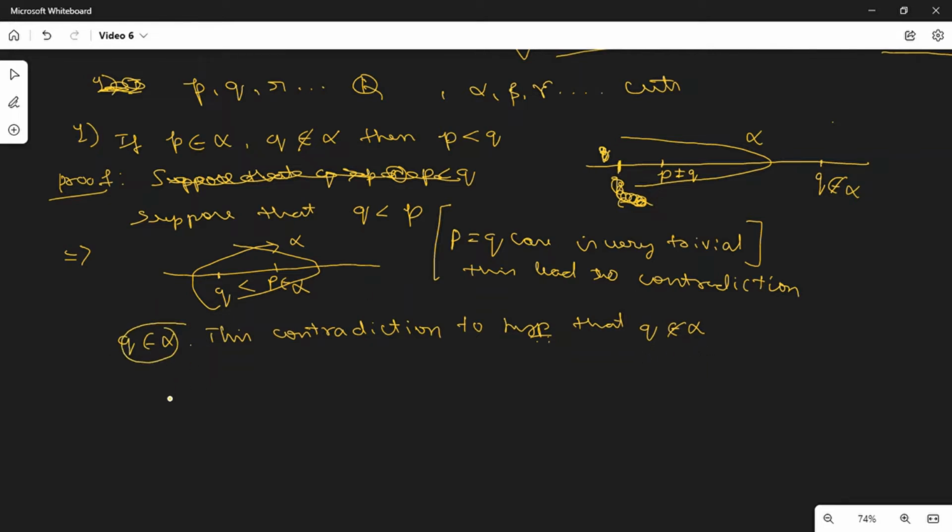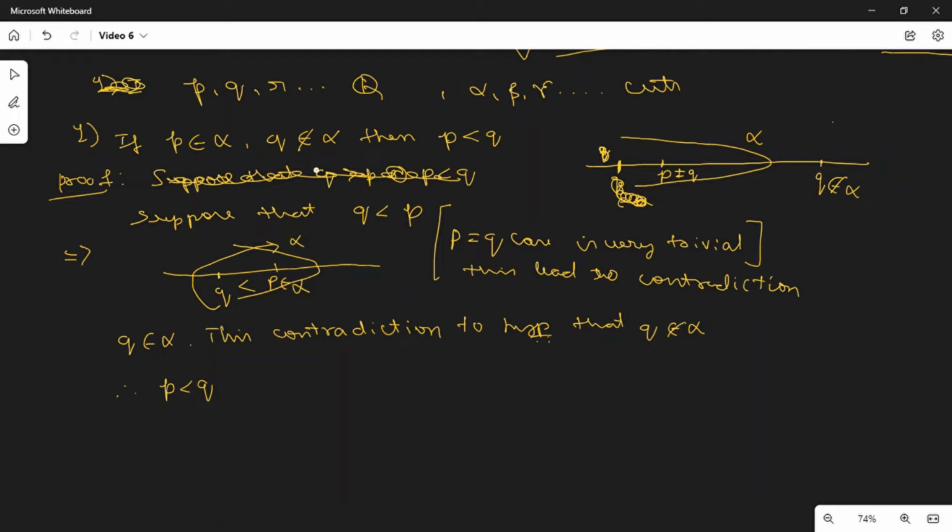So we cannot get this. So the only possibility is P equal to Q, which is very trivial. So the only possibility left is P less than Q. Therefore, P is less than Q. Please remember this, at least remember this diagram.